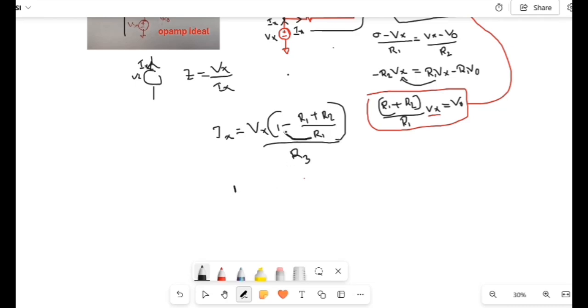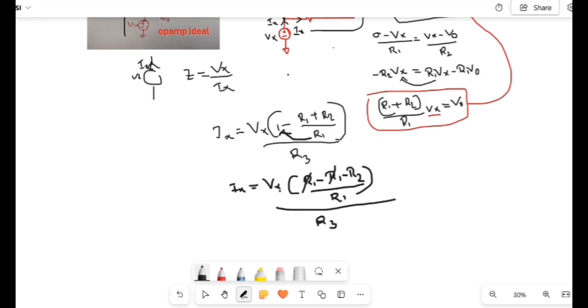We'll try to solve this. Ix will be equal to Vx into R1 minus R1 plus R2 divided by R1, both divided by R3. R1 will get cancelled and we're left with Ix equal to Vx into minus R2 divided by R1 R3.